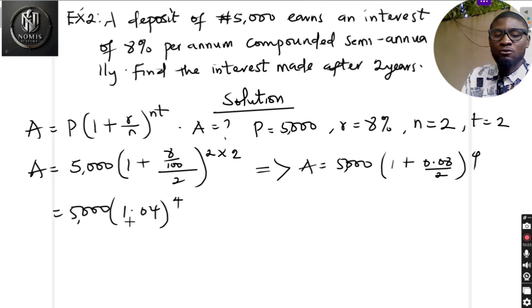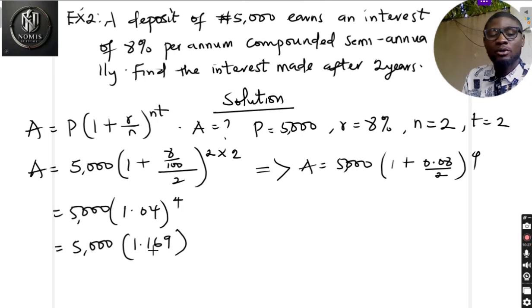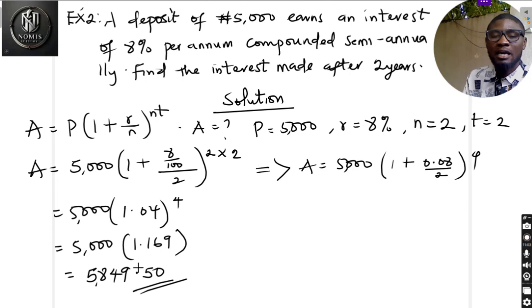So 1.04 raised to the power of 4 gives us 1.169, leaving it to 3 decimal places. When we multiply 1.169 by 5000, we have 5849.50. So this is our total amount at the end of 2 years.